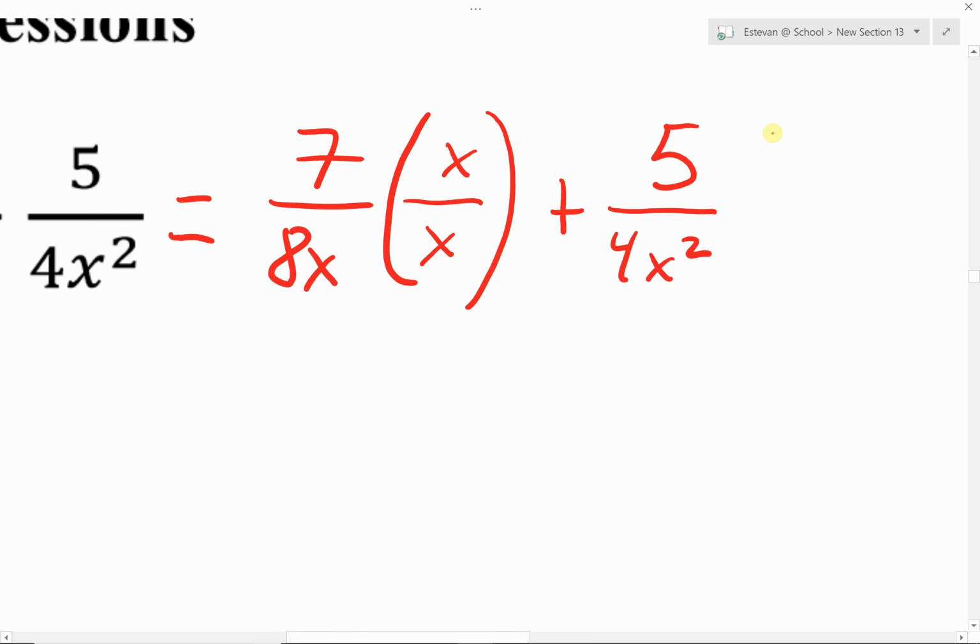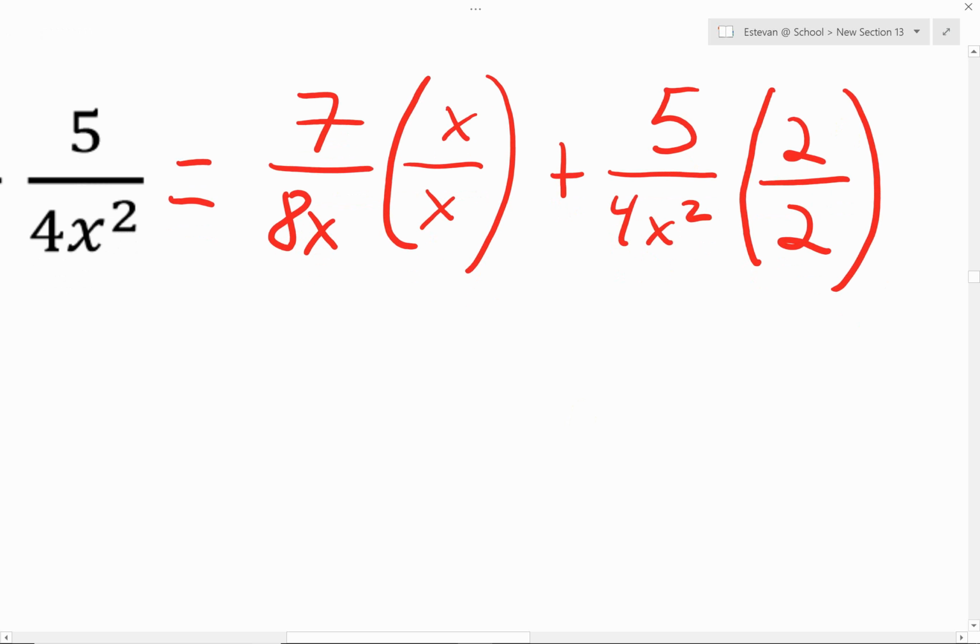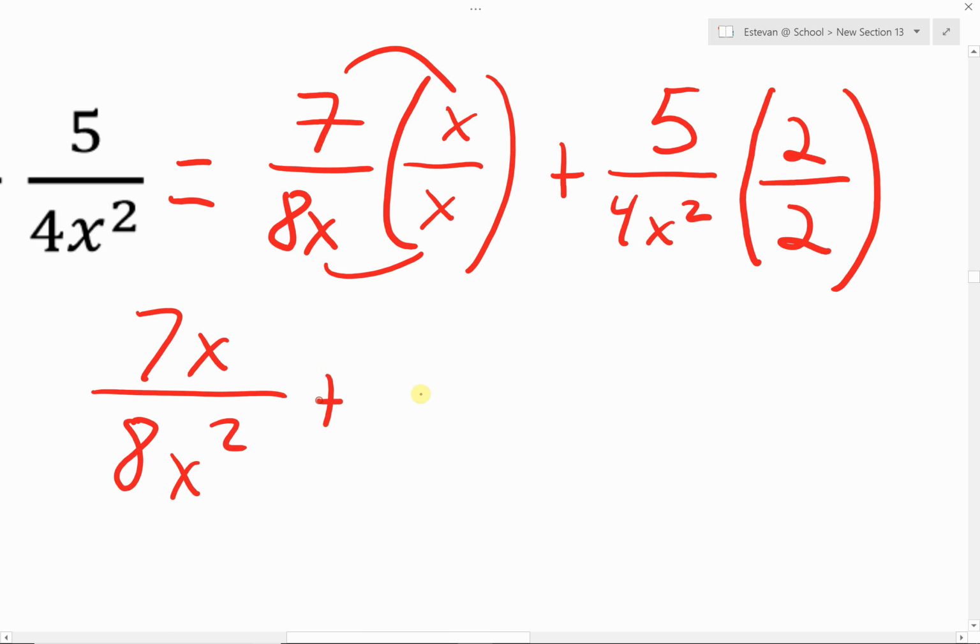I'm going to multiply this one by 2 from the top and 2 from the bottom. Then just distribute. That becomes 7x over 8x squared plus, then distribute again, 10 over 8x squared.